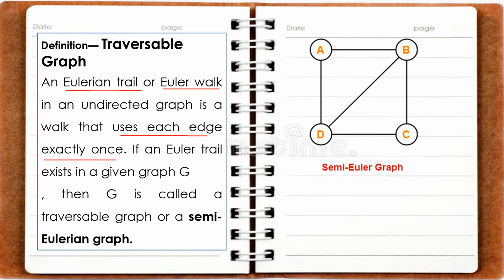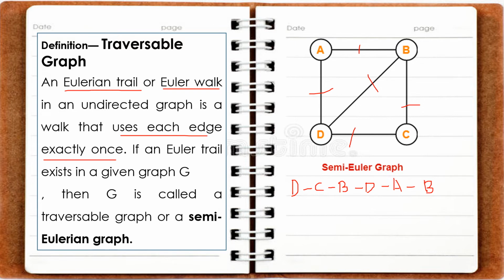So let's say for example here, the trail is, let's say I want to start at D. So D, then I'll go to C, then I'll go to B. So DC, then CB, then BD, then from D I'll go to A, then from A I'll go to B. So I have used all the edges of the graph exactly once.